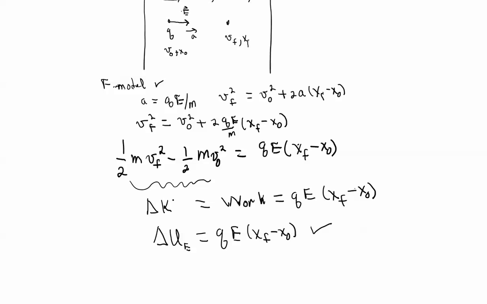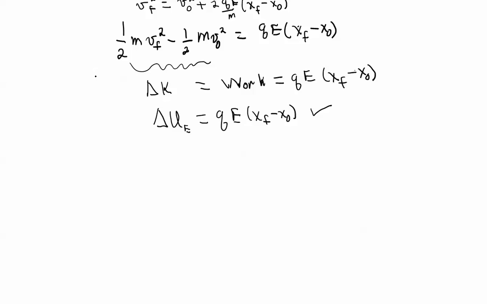So we can think of the electric field here between the plates, that there is a change in potential energy, and it's moving from a high potential energy to a low potential energy. So let me redraw the parallel plate. So here's the positive charge plate. Here's the negative charge plate.